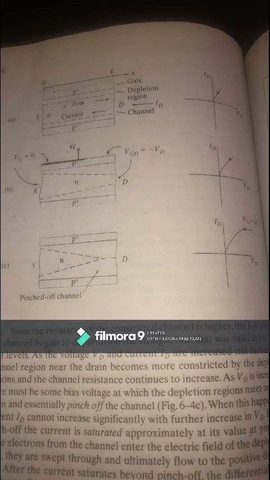So if you look closely at figures 6.4a and 6.4b, you can see that initially the electron flow and current are in opposite directions, and as you increase the drain voltage, the current is also increasing.